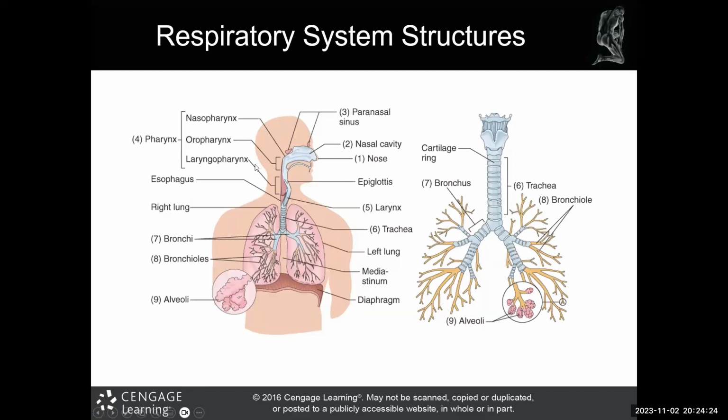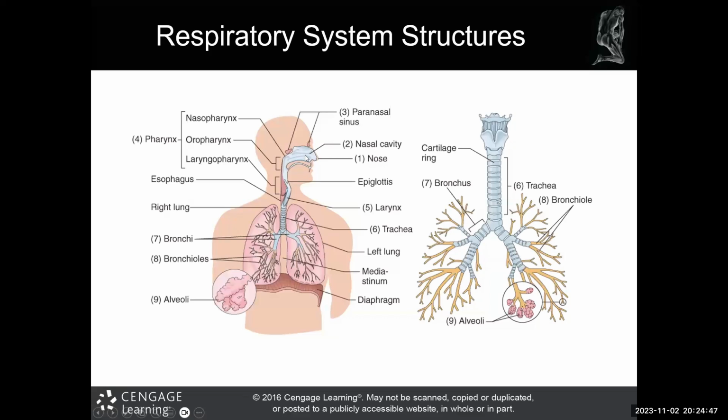We see the nose, and the oropharynx is behind the mouth. Below that is the laryngopharynx. Nasopharynx is higher up. And then the paranasal sinuses are these 2 small sinuses above the nasal cavity.